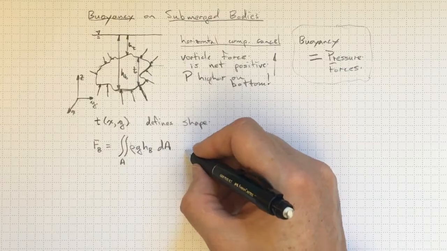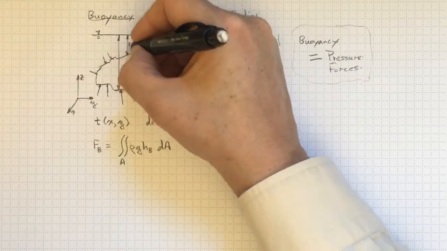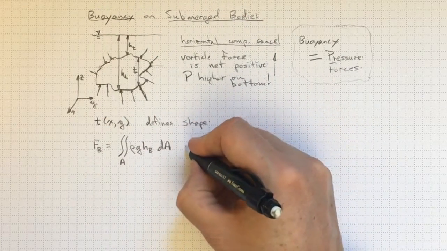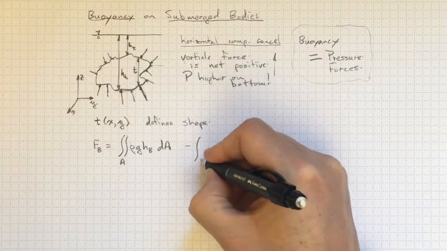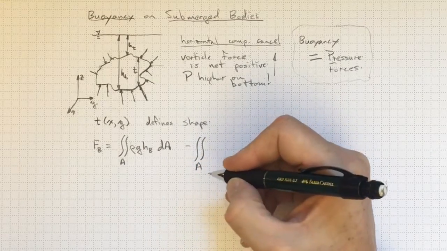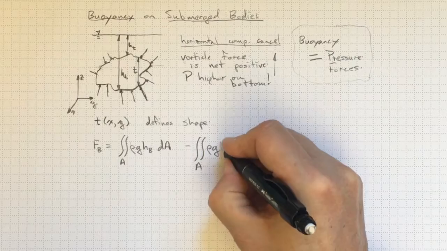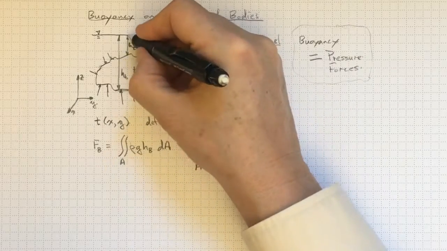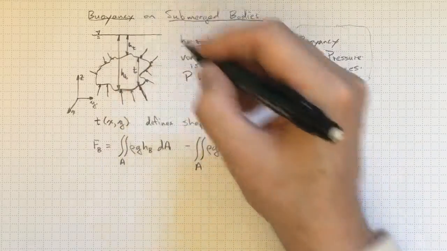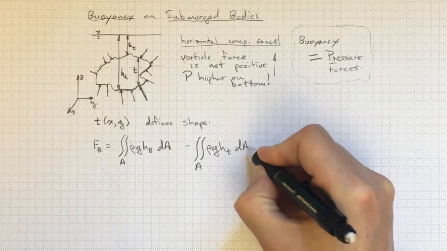Now, then we're going to have some forces acting on the top. They're going to be acting downwards, so it's going to be negative integral over the area, rho g ht, how far the top is below the surface of the water, times dA.